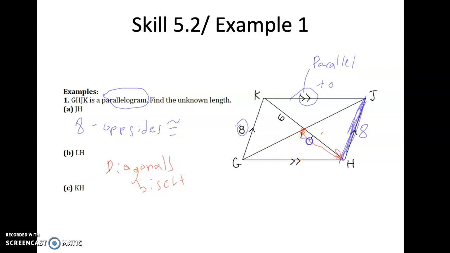And we can find out immediately that side going from L to H is 6. And then we have KH, so that would be the total. So we would get the 6 plus the 6 for a total of 12.